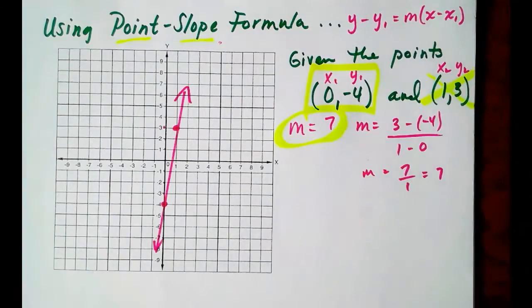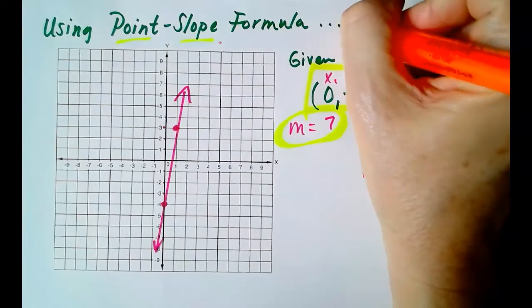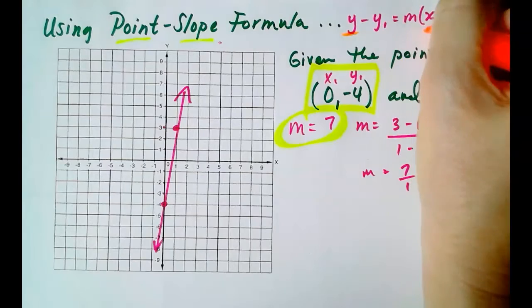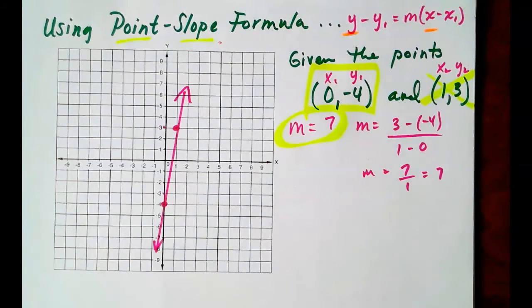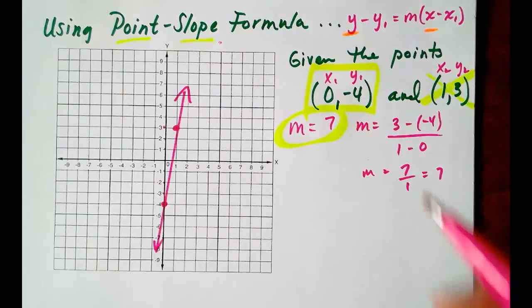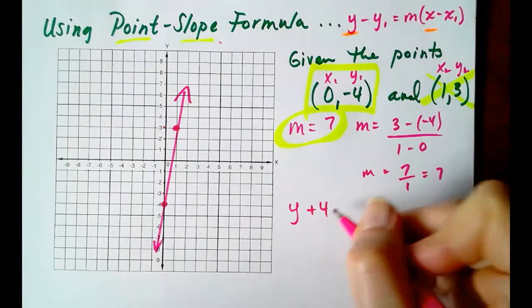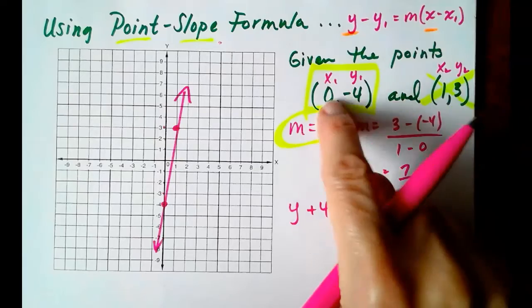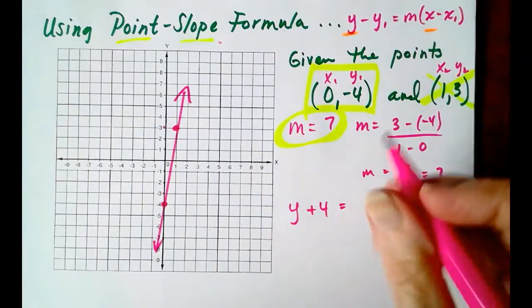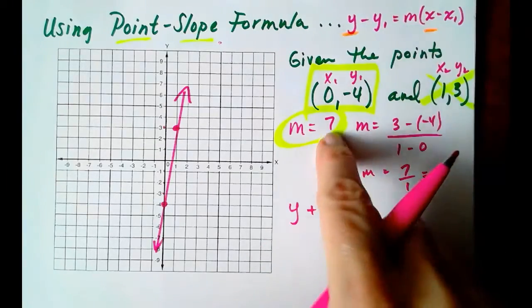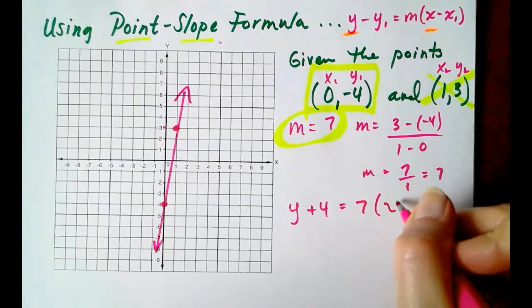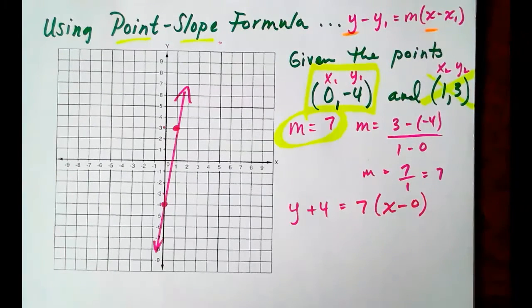So once again, we have open variables. This y and this x, don't plug anything in for them. Let them remain open. So y minus -4, I'm just plugging in these two values for x1 and y1, equals m is 7, times x minus 0.